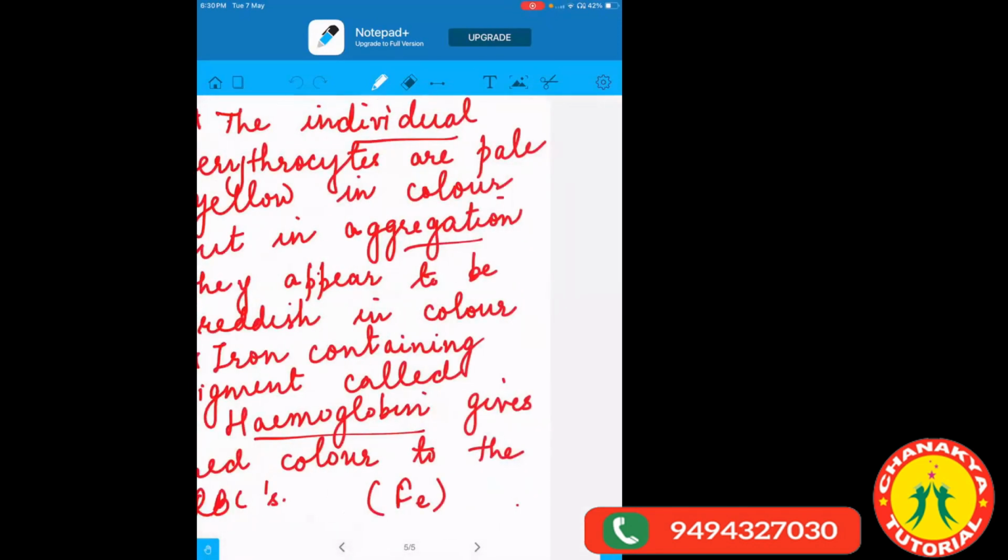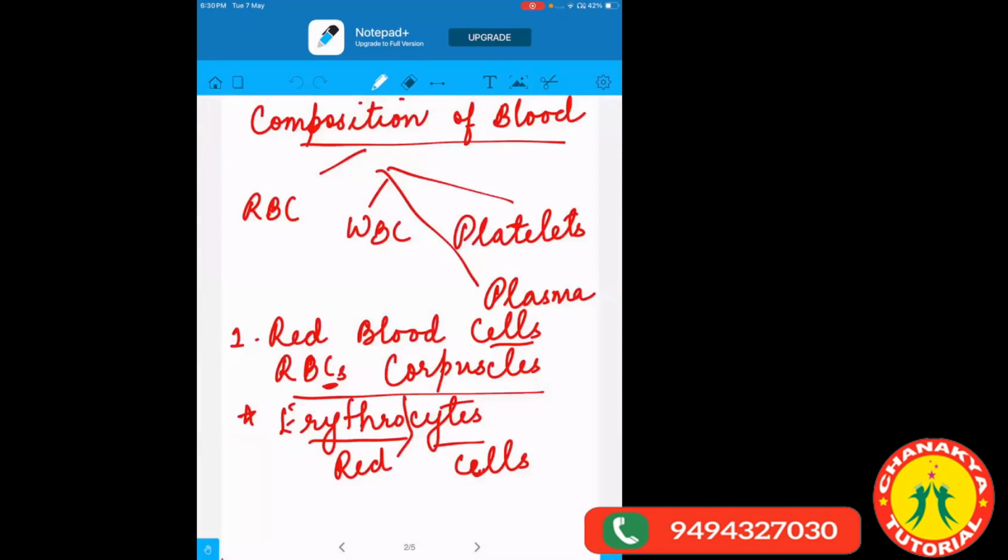So note it down, children, now from the first point. Done with this page, everyone?